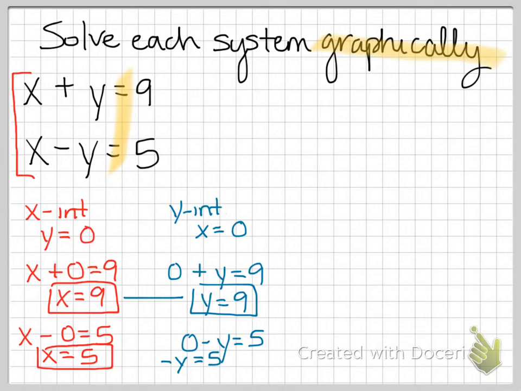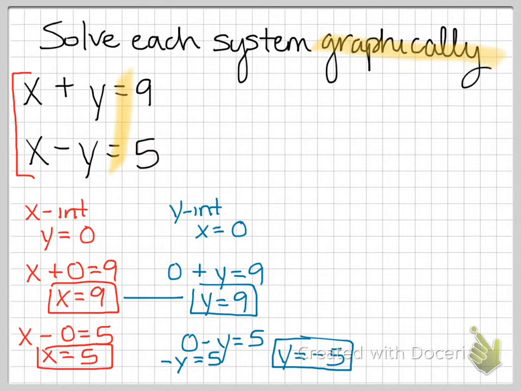Well, that y is not by itself. That negative sign has to be put over on the other side. So when you divide by a negative 1, you get that y equals negative 5.